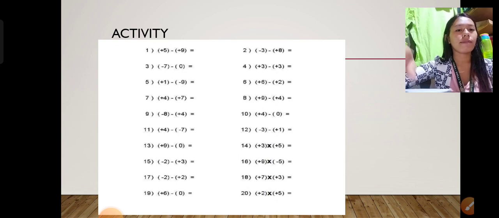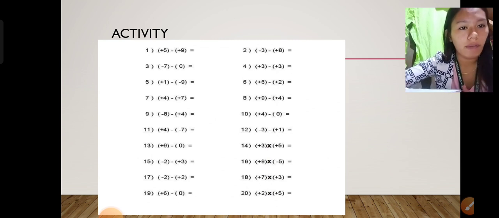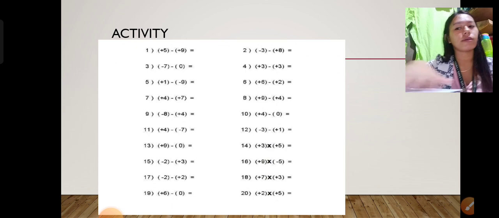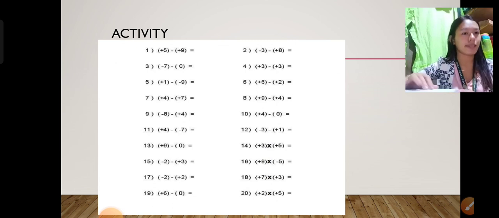Okay, Bea. Okay, very good. So positive 2 times positive 5, since they are both positive, our answer is positive. So 2 times 8 is equal to 16. So, our answer is positive 16.